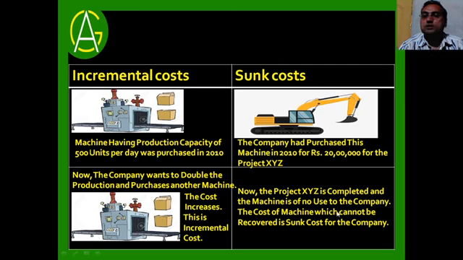Because it is of no use, the cost of the machine cannot be recovered, and that cost will be considered as sunk cost. Sunk cost is the cost which cannot be recovered. It was incurred in the year 2010, but now the recovery of this 20 lakh rupees is not possible. So whatever amount is not recoverable will be considered as sunk cost.